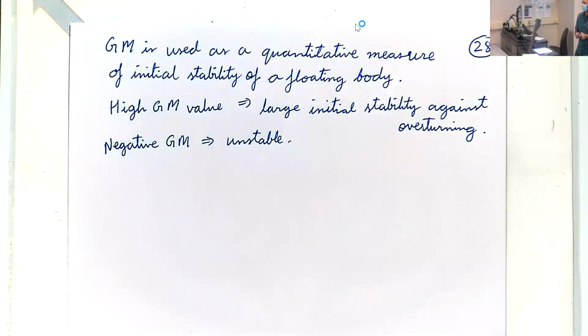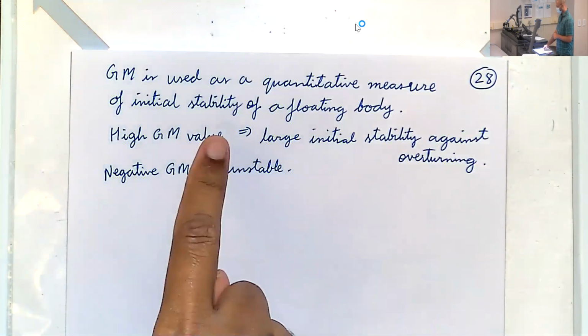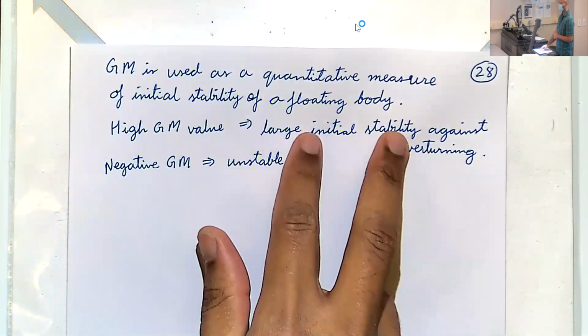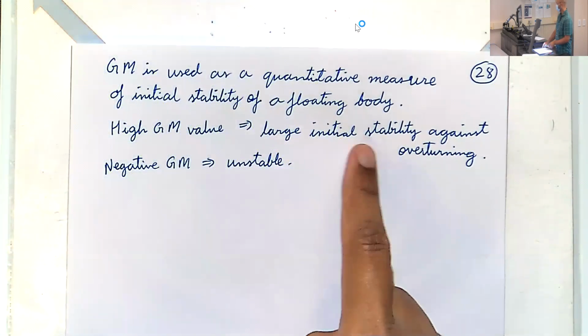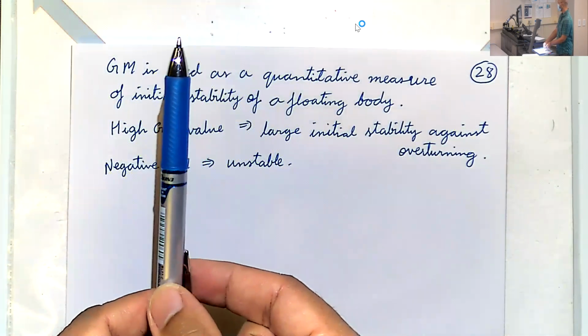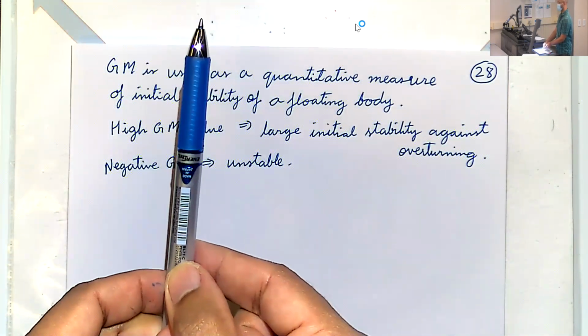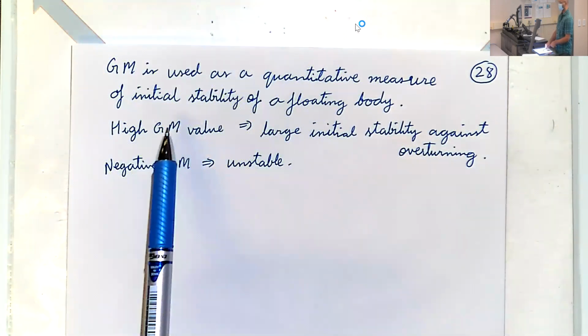It's more susceptible to roll? Other way around. Large initial stability means something tries to push you over, something rotates you a bit, and you immediately want to come back. So you're correct in saying you don't want to make it very, very large.